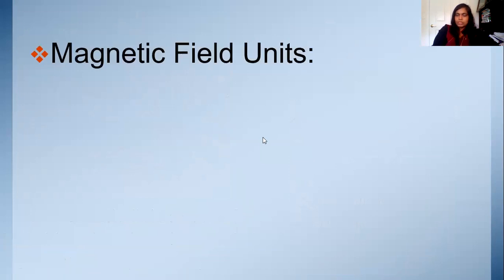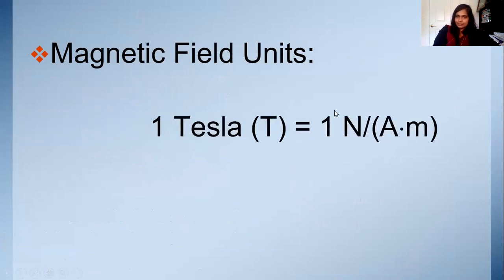Okay. So the unit for the magnetic field is a new unit. It is called Tesla, uppercase T. 1 Tesla means 1 Newton per amp meter. You don't need to remember this one, but remember that the magnetic field unit is Tesla. That's the name of a scientist, Tesla.